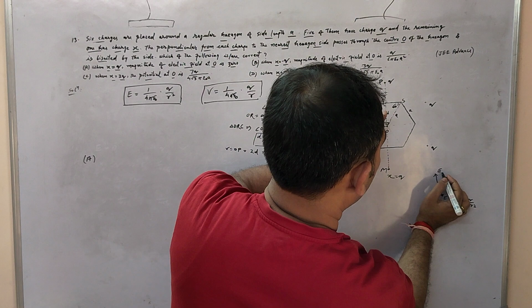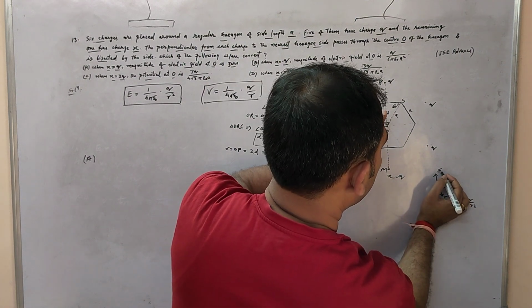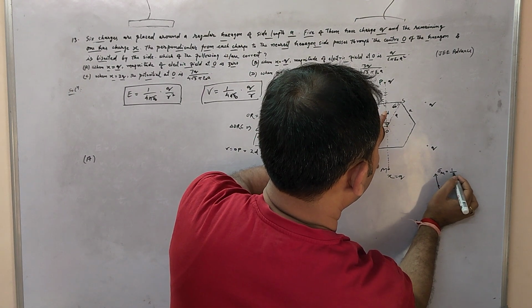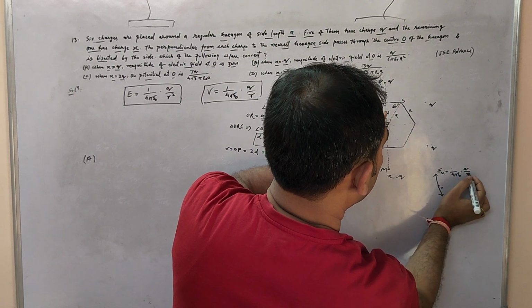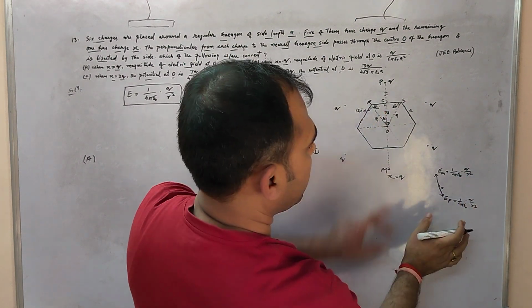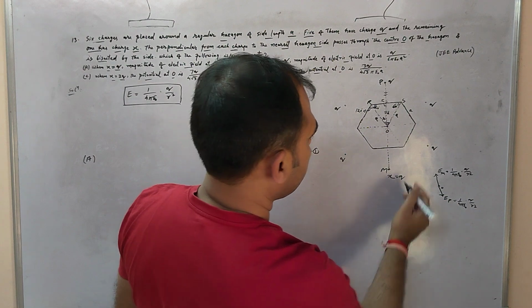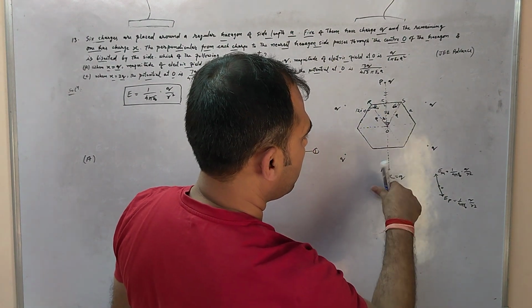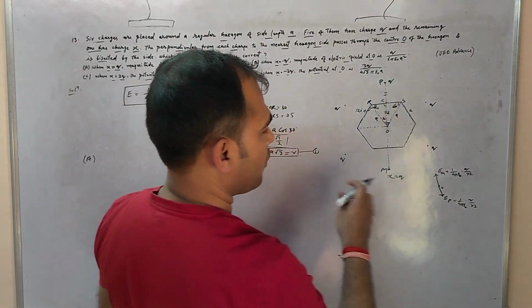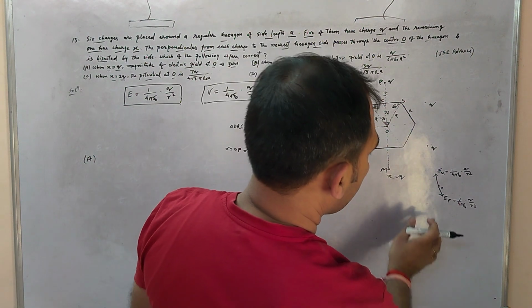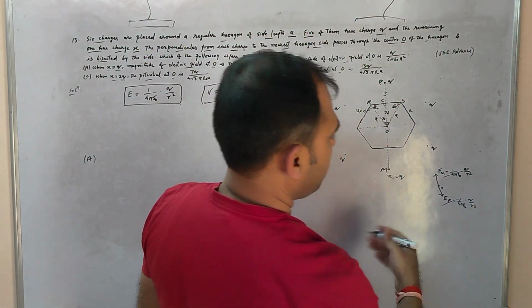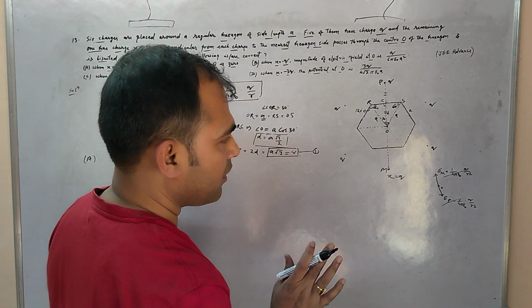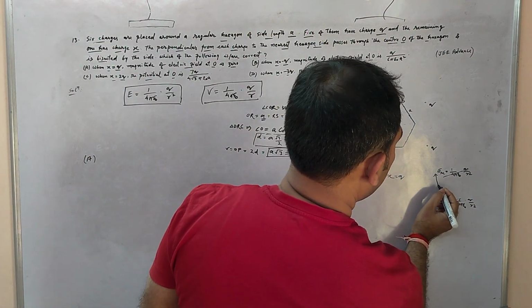E due to the point charge at M will also be 1/4 pi epsilon naught Q by R square. Same magnitude but opposite direction. This is vertically downward and this is vertically upward in our figure. So they will cancel out and nullify one another, and the resultant will become 0.